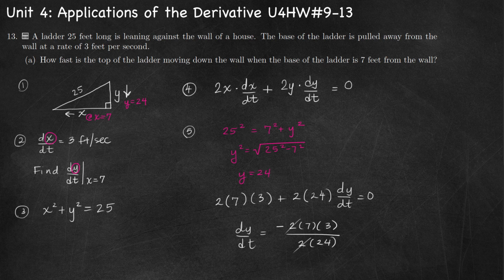And we've got our 2's cancel. 3 over 24 reduces to 1 over 8. So I get negative 7 over 8, which is negative 0.875. And our units, the units for y are feet, and the units for t, seconds. So our rate dy/dt has units of feet per second.